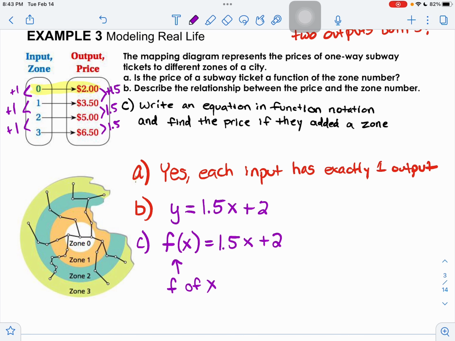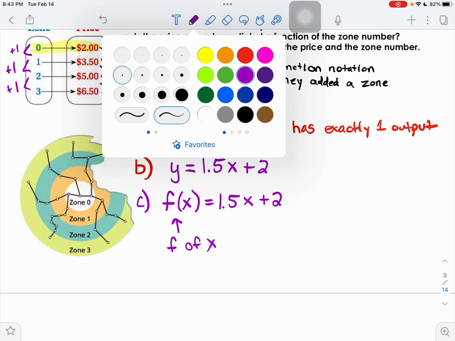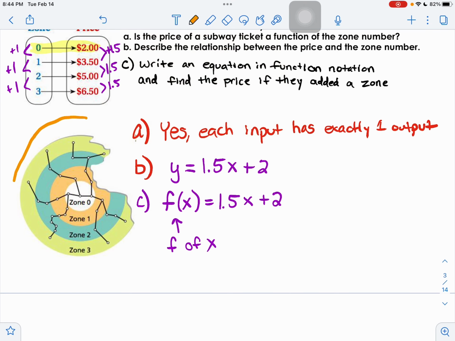Okay, so if I was looking at the second part of that question, it says find the price if they added a zone. Okay, so what they're asking, right, if we added zone 4, around our little picture here, what would the price of zone 4 be? Okay, so in order to solve that, I'm going to call that letter D. If I want to find zone 4, what they're saying is the x value is 4, okay?